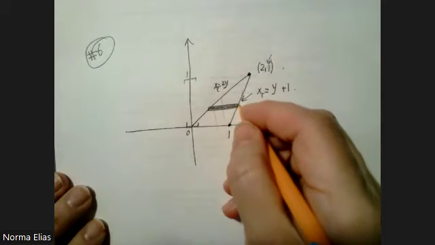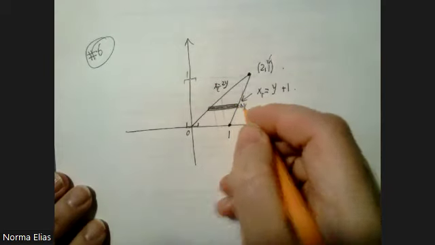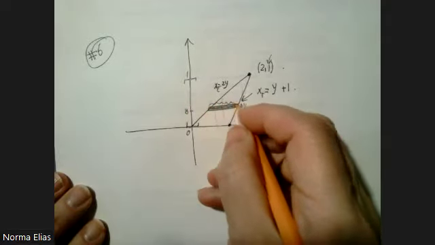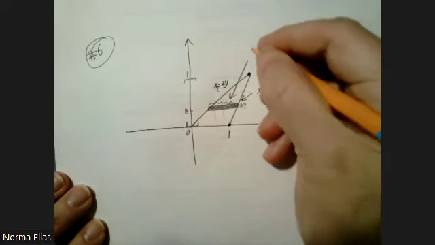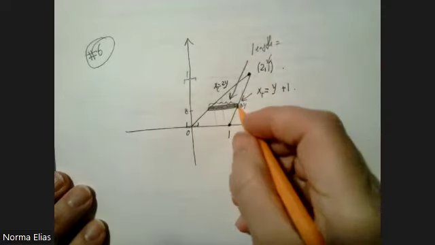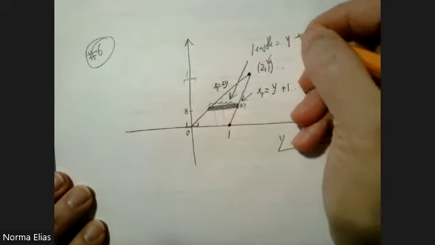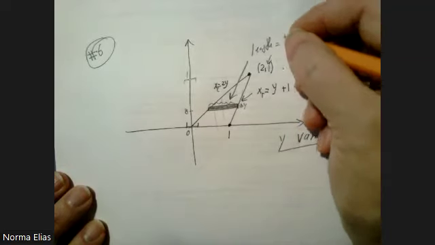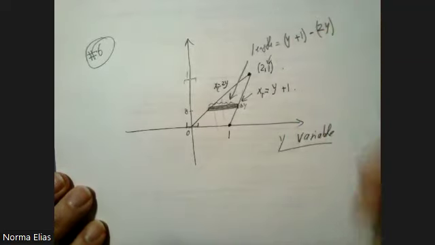So this is my delta y right here. This is my y. So the length of this interval is the right, y plus 1, minus the left, which is 2y. Okay.